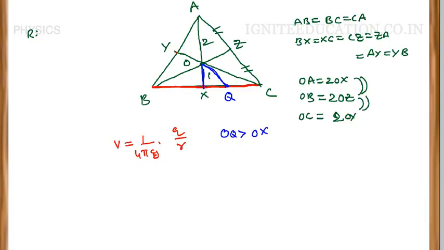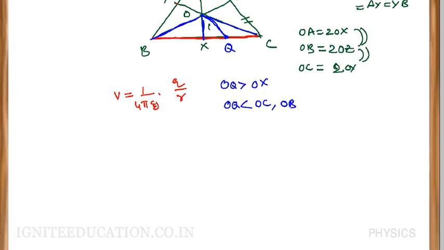And when compared to the vertices' distance from the centroid, that means OC or OB, these distances are maximum when compared to any point which lies on the perimeter of this triangle. If we consider OQ, OQ has less distance than OC or OB. That means all vertices have maximum distance from the centroid, and all midpoints have minimum distance from the centroid.